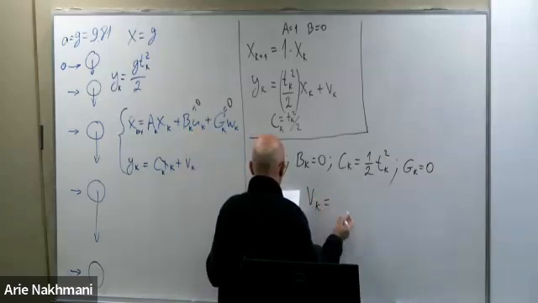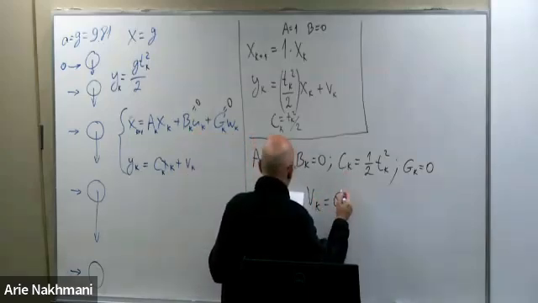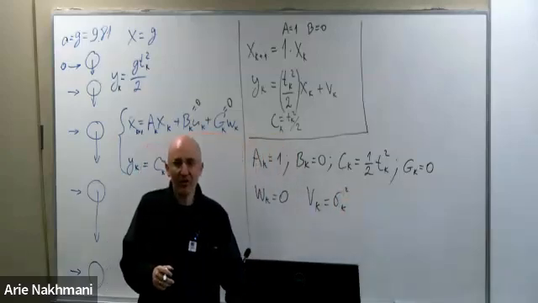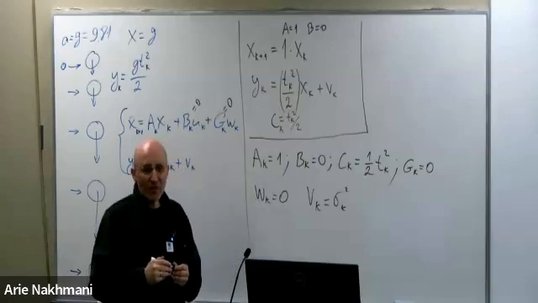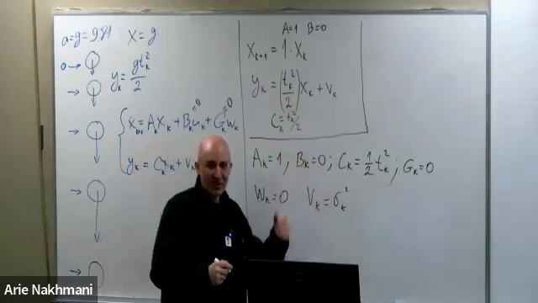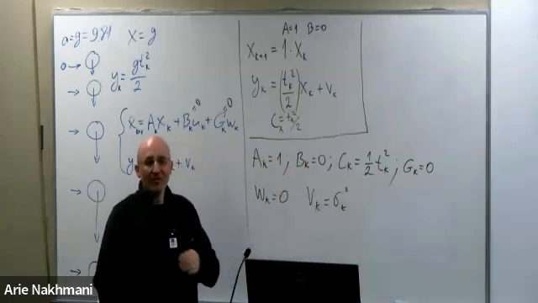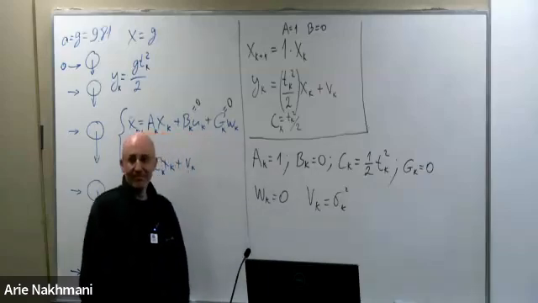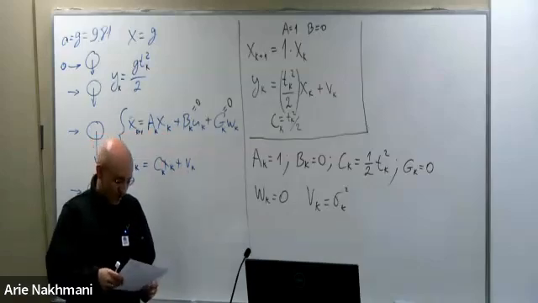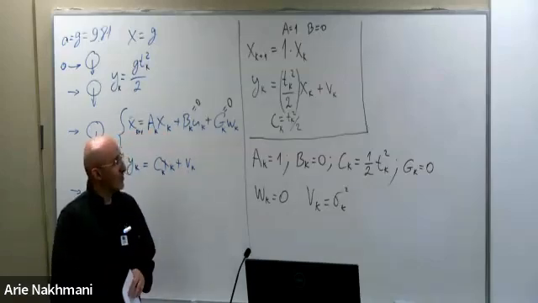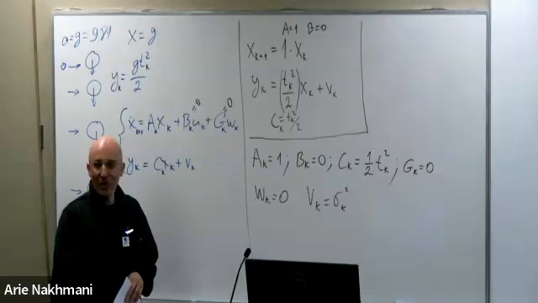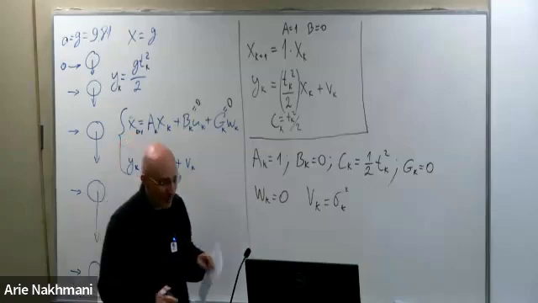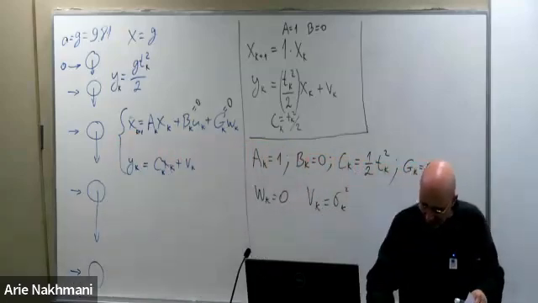VK equals some constant. And this constant also can change in time, so it doesn't matter. Your variance could be constant or changing in time, doesn't matter. Okay? Any questions so far? Okay, now we can do the actual computation of Kalman filter based on all these variables. Right, so now let's move to another board.